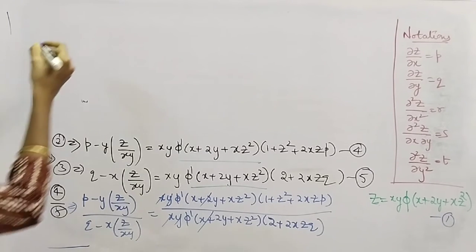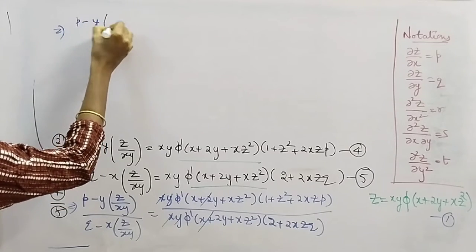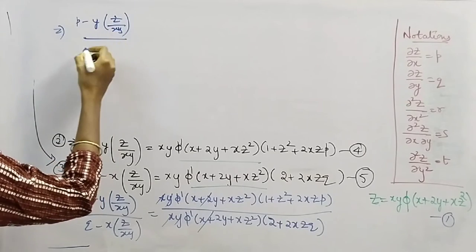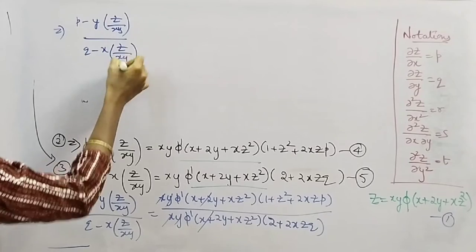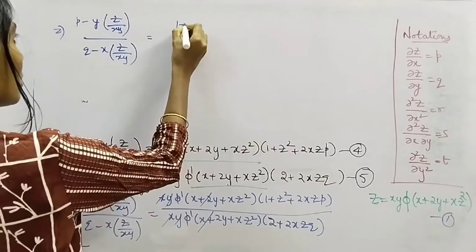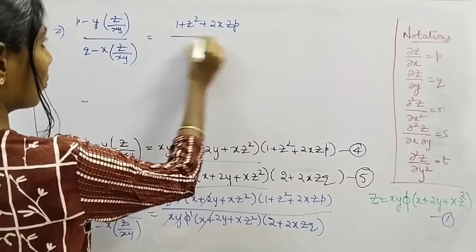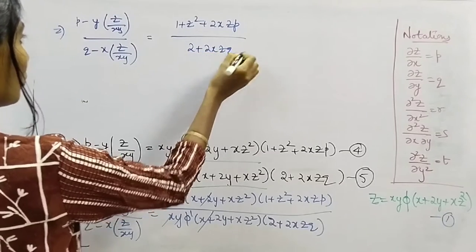This gives us (p minus y times z by xy) by (q minus x times z by xy) equal to (1 plus z square plus 2xzp) by (2 plus 2xz cube).